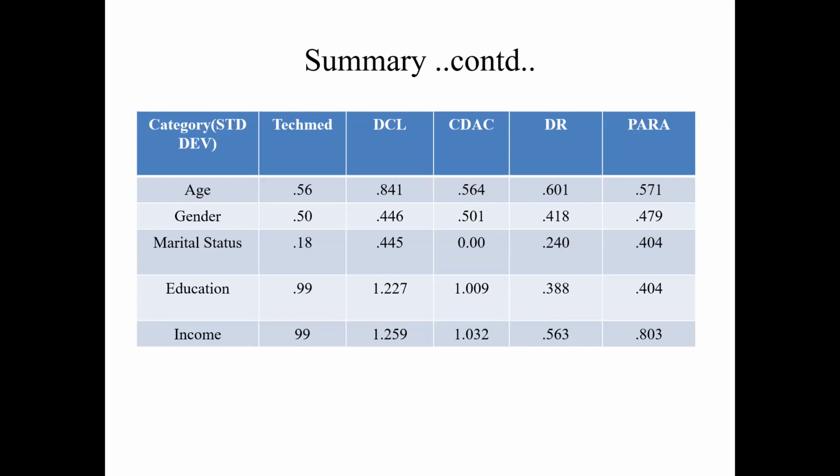Marital status 0.18, 0.445, 0.000, 0.00, 0.240, and 0.404. And for education, that is 0.99, 1.227, 1.09, 1.009, and 0.388, 0.404.